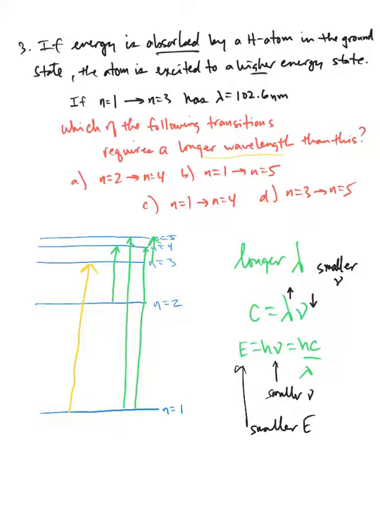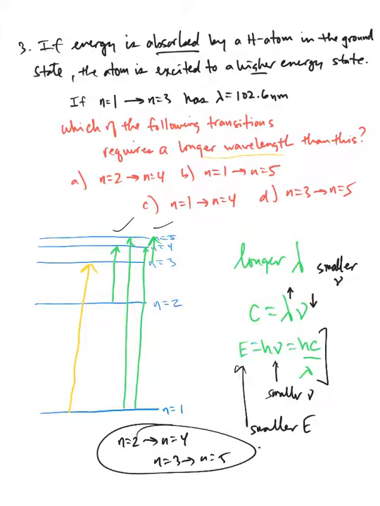You probably could have figured that out by looking at this equation just with wavelength, but that's the way I decided to do it. All right, so which of these green arrows has a smaller energy compared to n equals 1 to n equals 3? Well, that's obvious. That's this arrow here and that arrow there. So n equals 2 to 4 and n equals 3 to 5 are both longer wavelength.